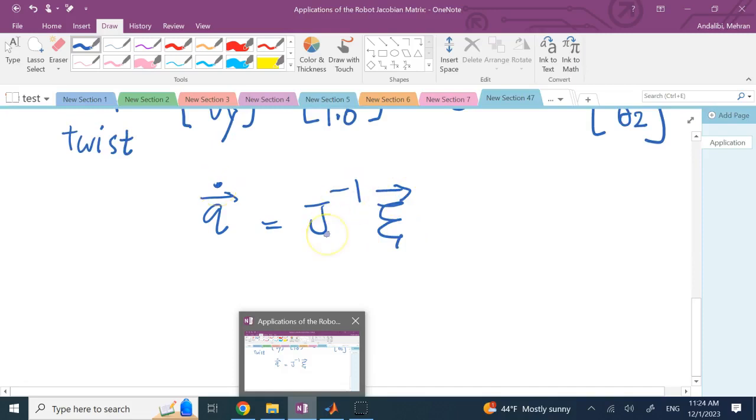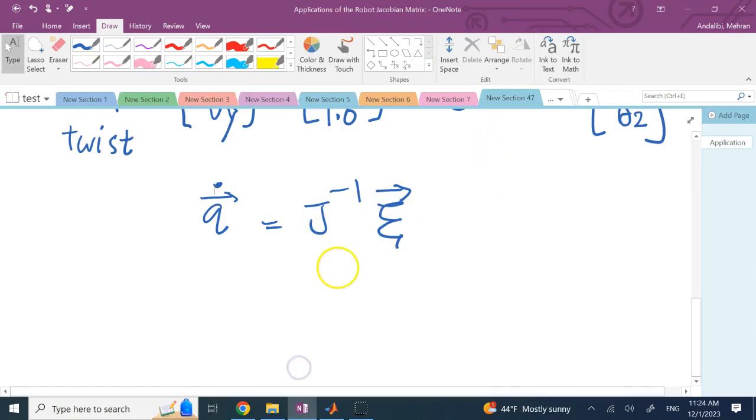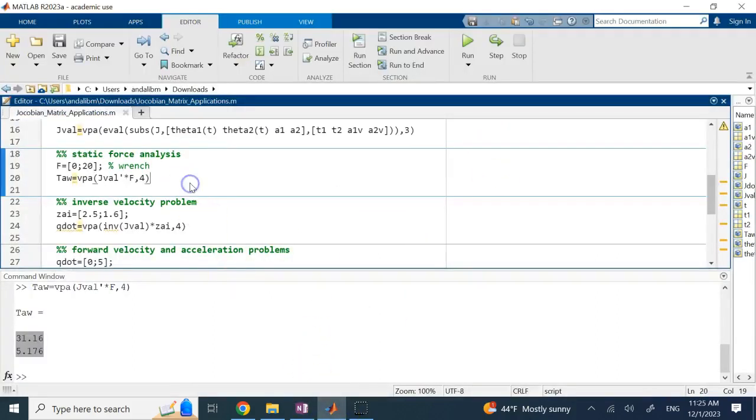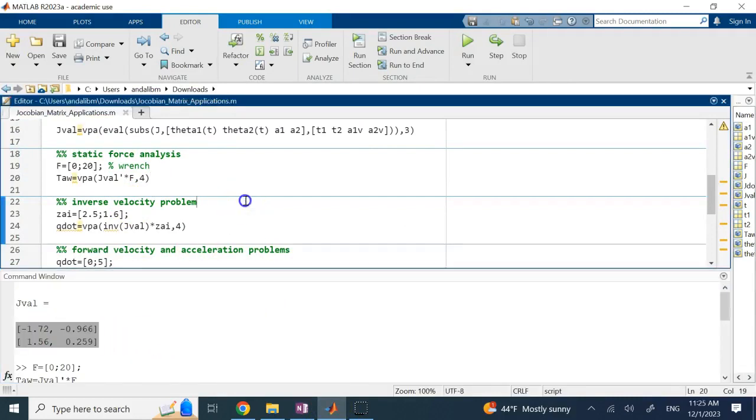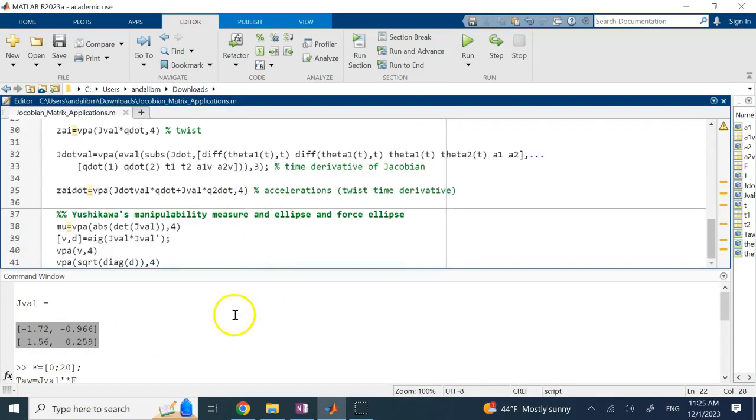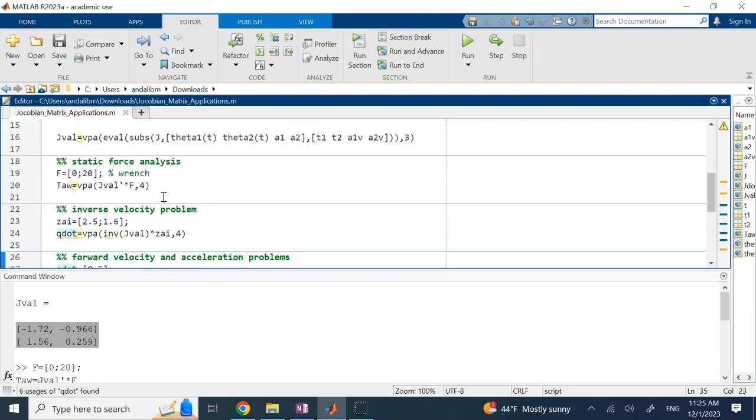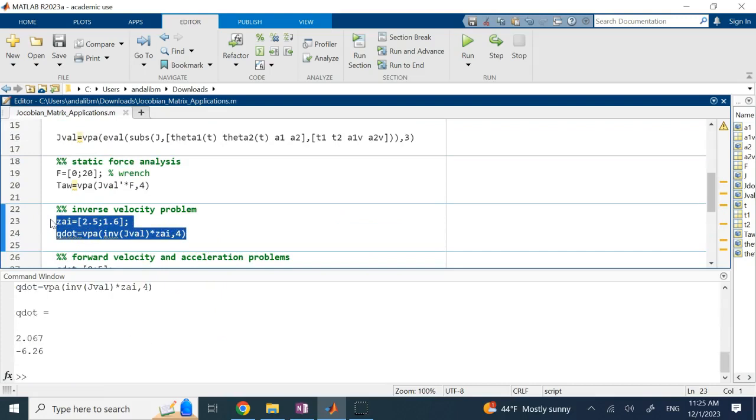And J inverse exists if the robot is not in a singular position. Clearly here you can see that the robot is not in a singular position, because you can check it with J, right? The determinant of this matrix is clearly not 0. And if I use inverse, as you can see here, and multiply by xi, I should be able to get the required velocities.